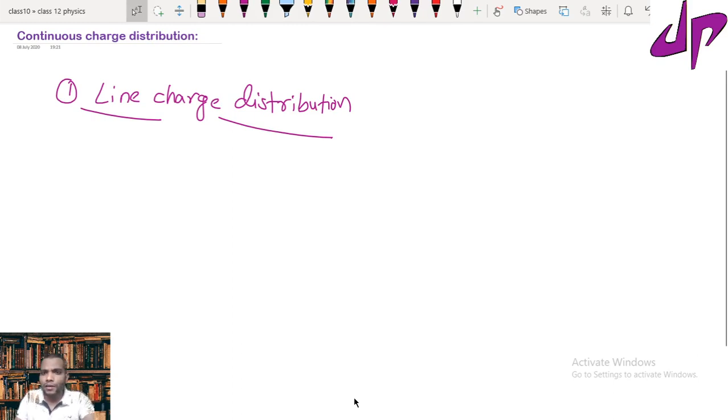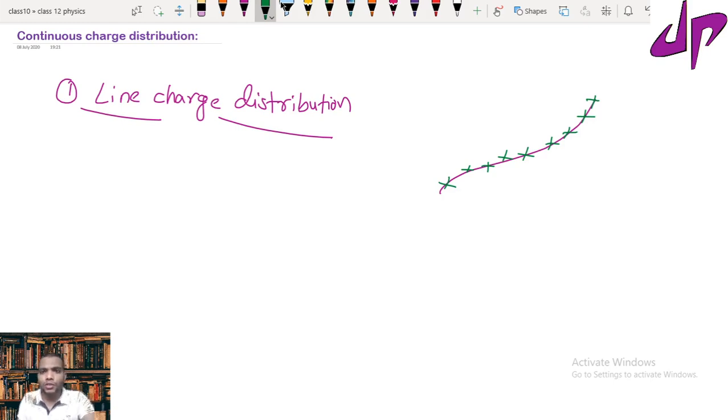So we are having a very thin charged object. So this is having a positive charge on it. Since it's very thin, we can take it as only a one dimensional object.